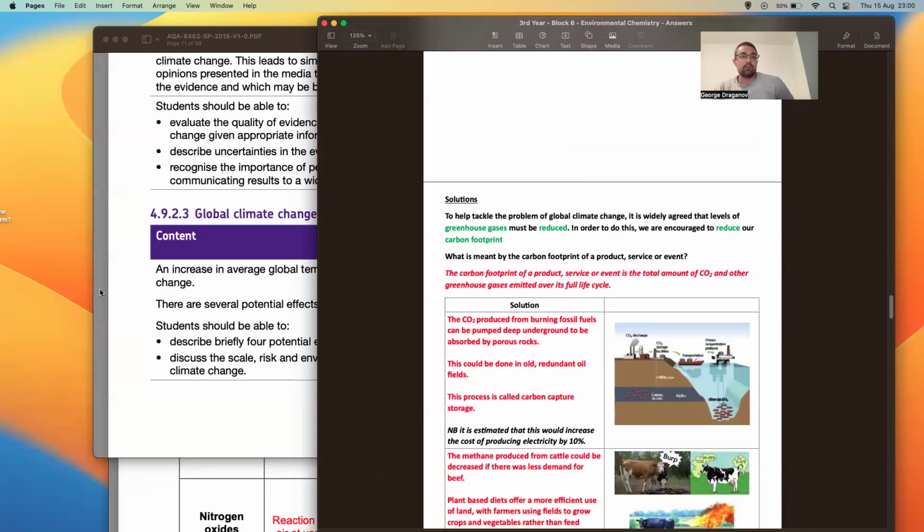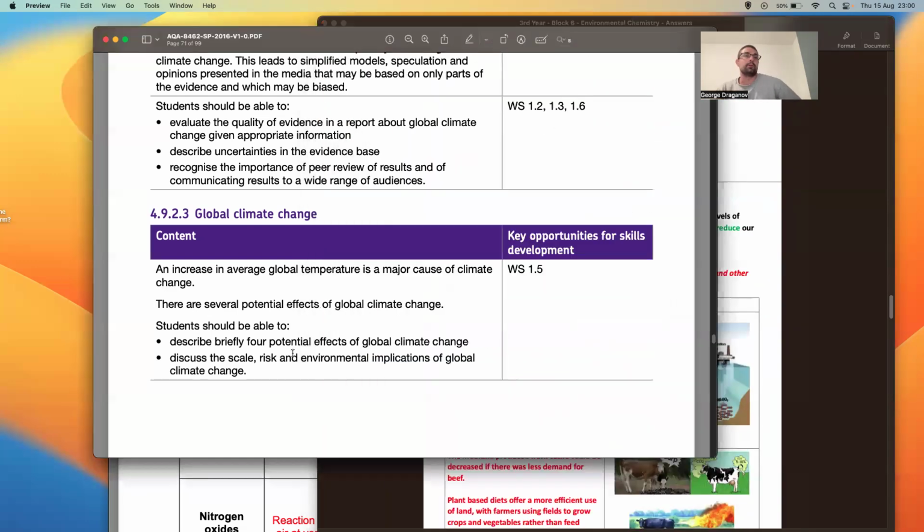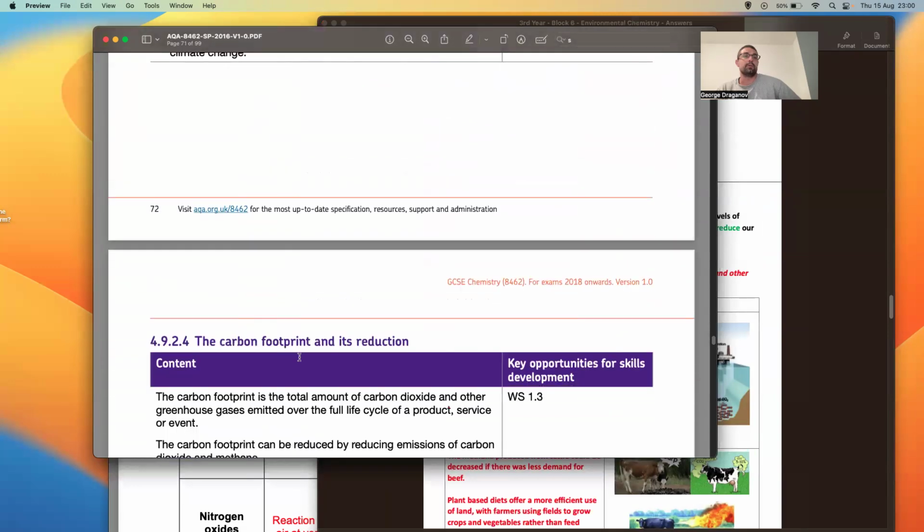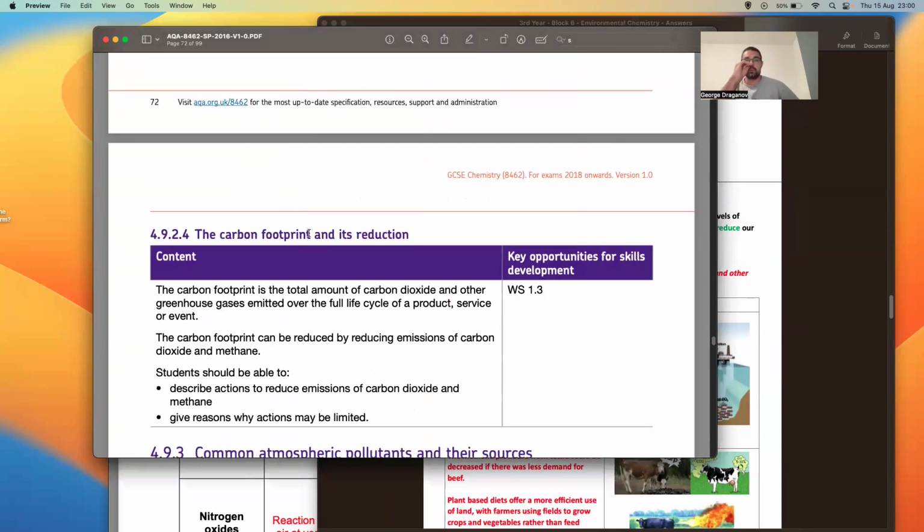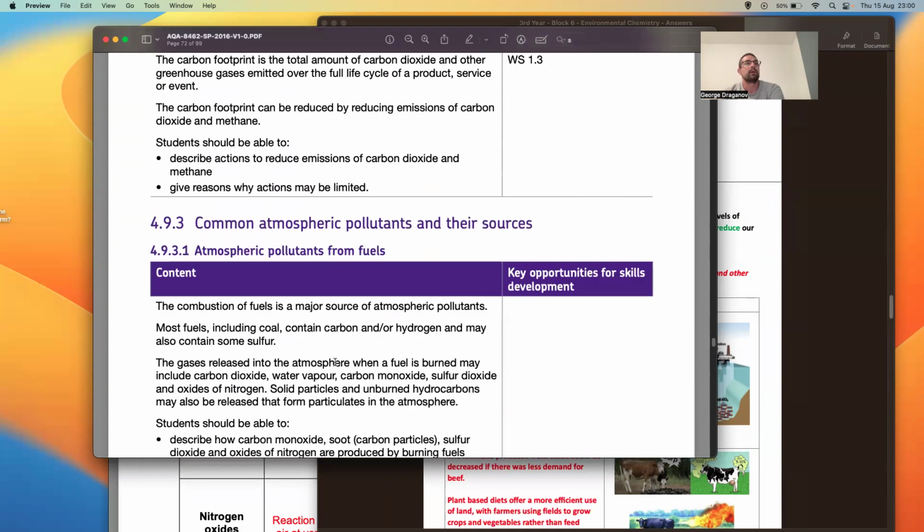Now, potential solutions. So that's what you need to understand. And then you need to also be able to reduce the carbon footprint. So how can you reduce your CO2 and methane emissions? Now, we already did talk about burning less fossil fuels and the cows. But you will see more reasons here. Also, it says, give reasons why actions may be limited.